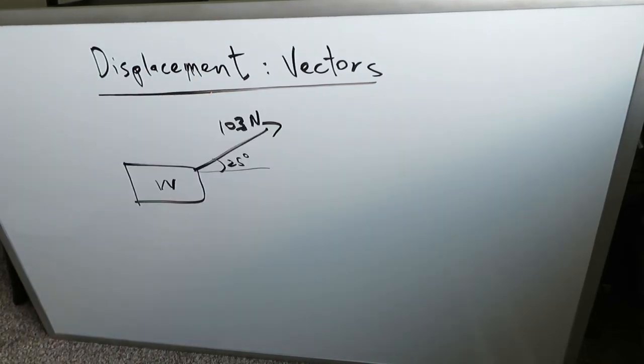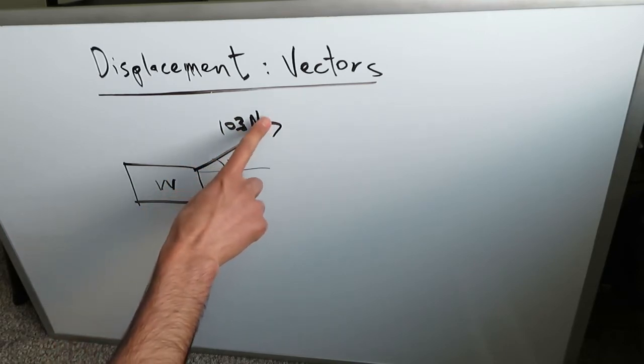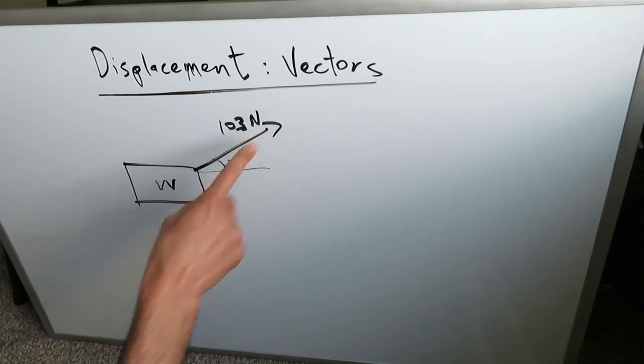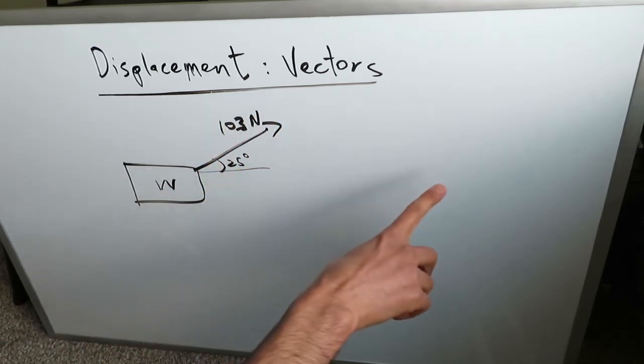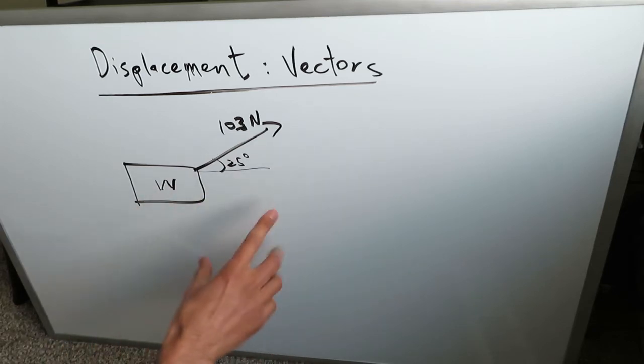As a quick reference review example, here is a technique for determining horizontal and vertical components of vectors, and I've demonstrated a similar technique in the video part 2 on vector algebra. If you're pulling a weight with a string, and let's say the tension in this string is 103 newtons, the force you require to make this object move is 103 newtons, and with reference to the horizontal surface that this weight rests on, you're pulling that string at an angle of 25 degrees.